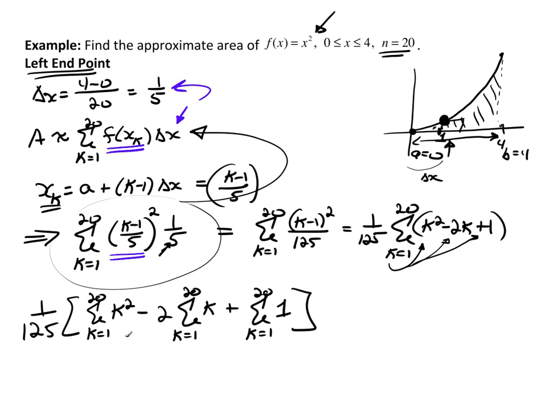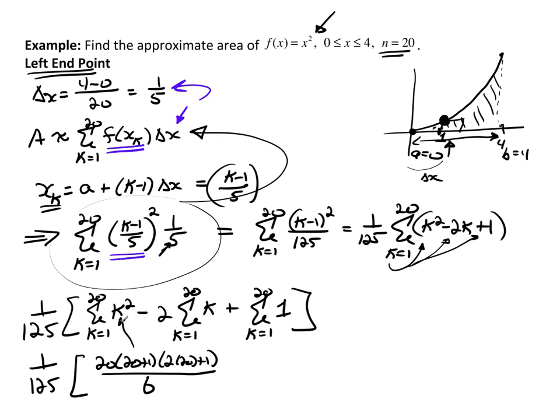So if you look back at your formula sheet, you see that this is 1 over 125 times, k squared is going to be n, which is 20, times 20 plus 1 times 2 times 20 plus 1, over 6.